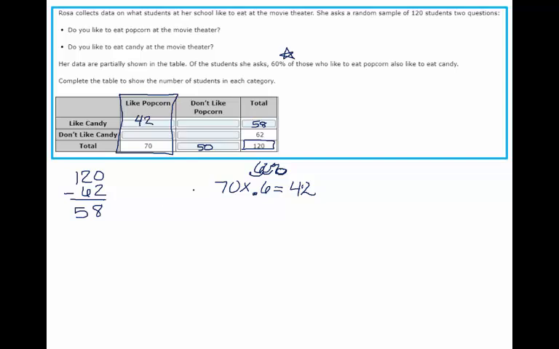Now we can go ahead and finish our chart out. We have 58 minus 42. That would give you 16 right here.